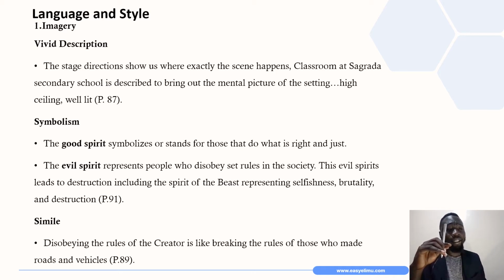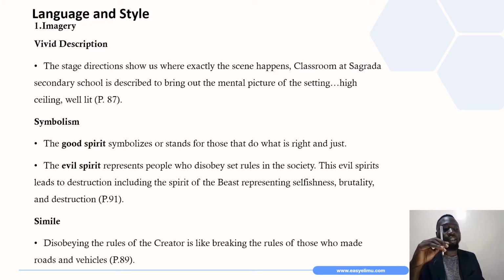During the lesson, she tells the students that the good spirit symbolizes those that do what is right and just, the righteous group. The evil spirit represents people who disobey the set of rules in society. So the evil spirits lead to destruction.